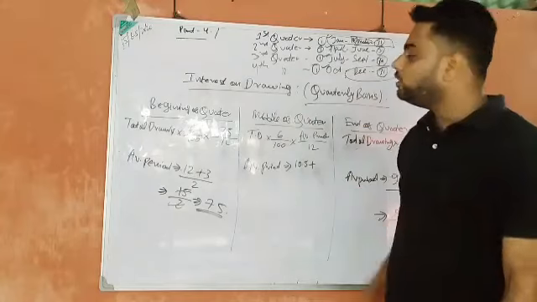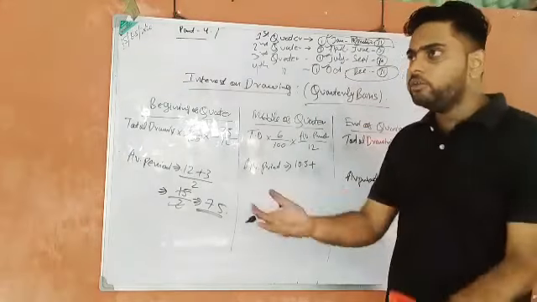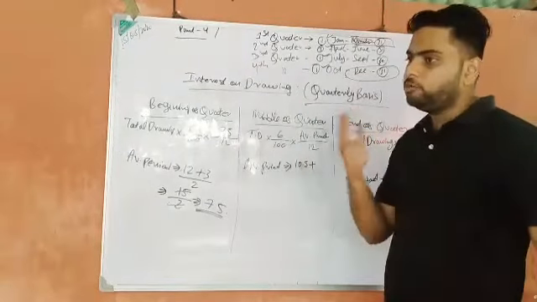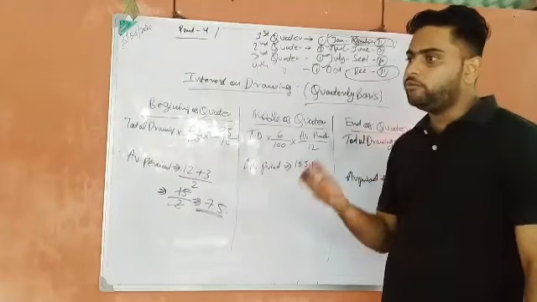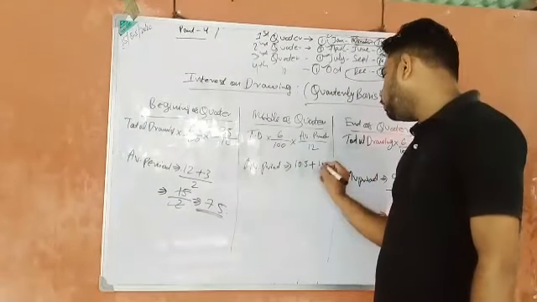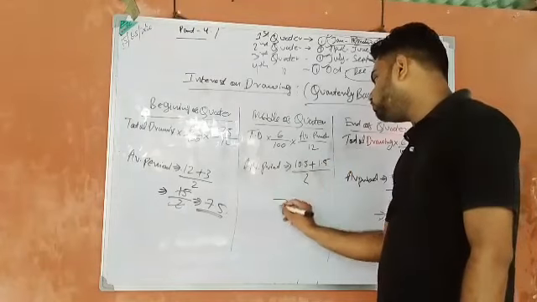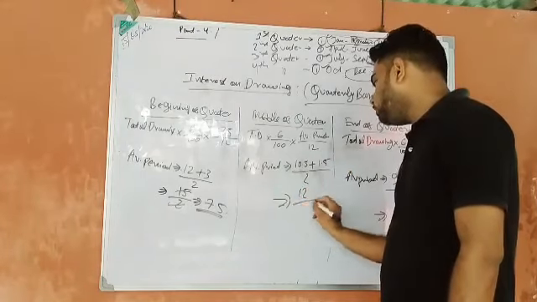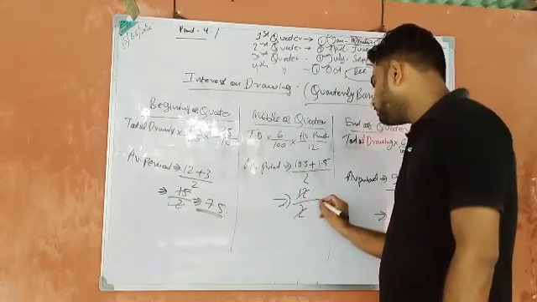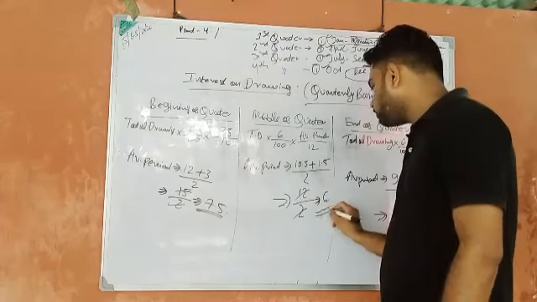As it is middle, so it will be on November 15. So if I say November 15, how many months are there after that? There are 1.5 months. So we are doing average, so again we have to divide by 2. So it is 12 by 2, and it will amount to 6.